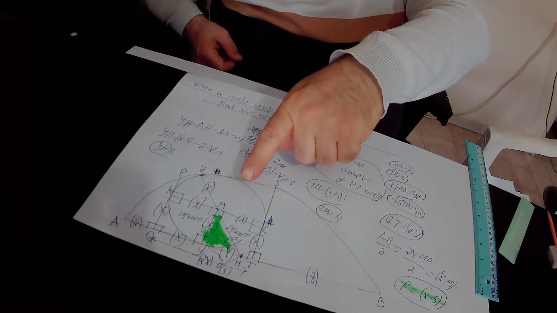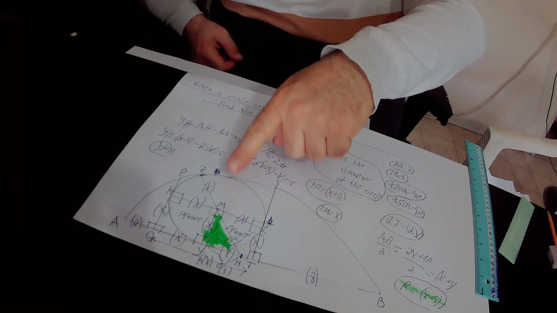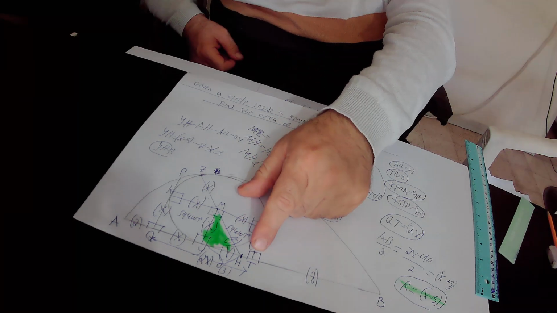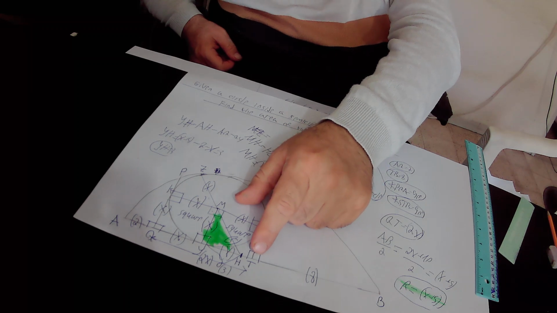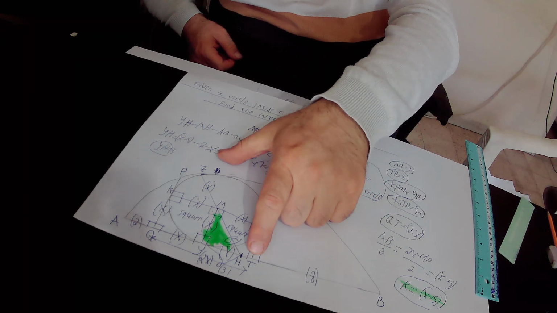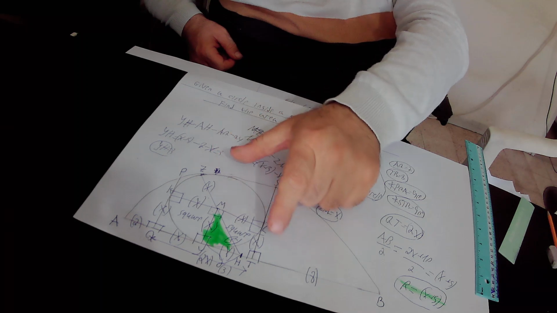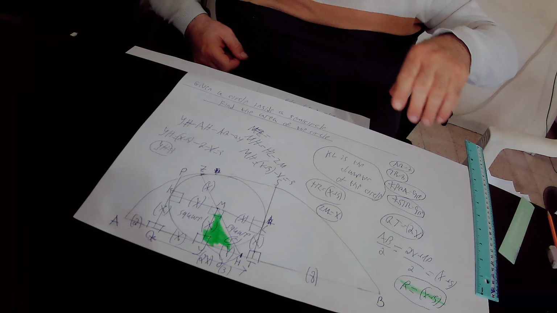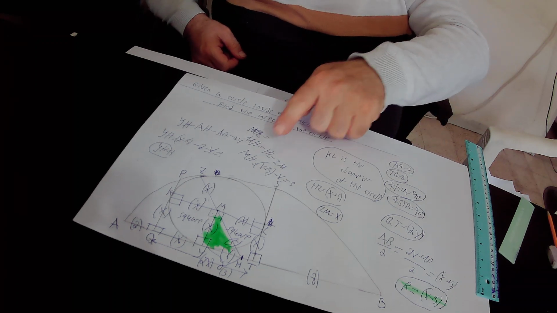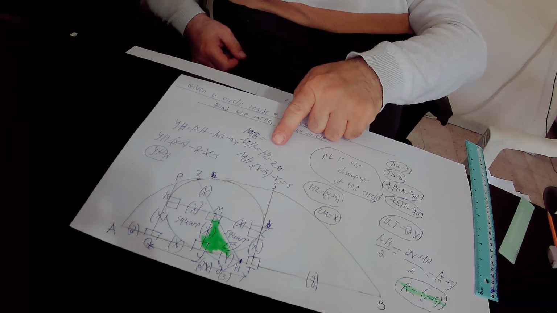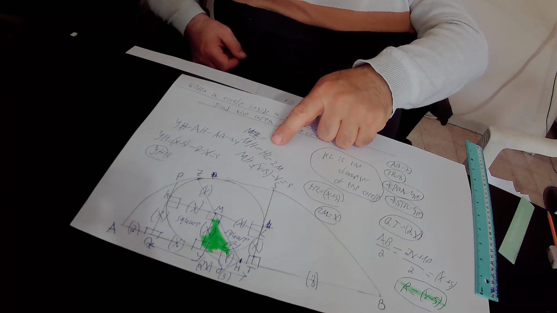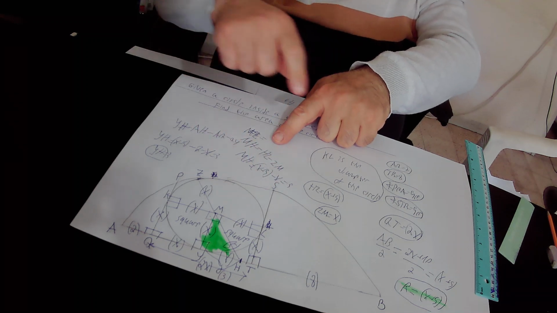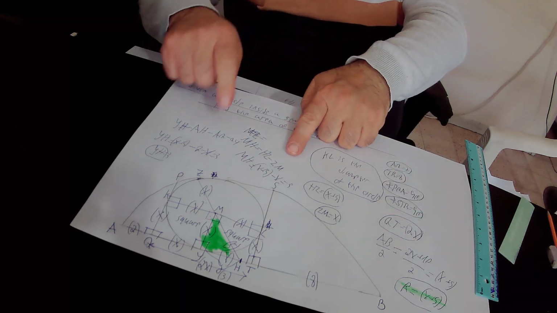The radius of the small circle is x, and therefore the missing side ME equals EZ minus MZ. EZ is the radius of the semicircle, that is equal to x plus 5, minus MZ.